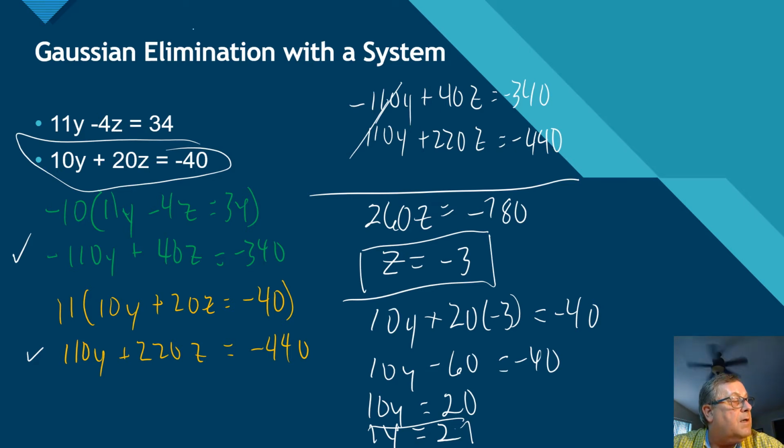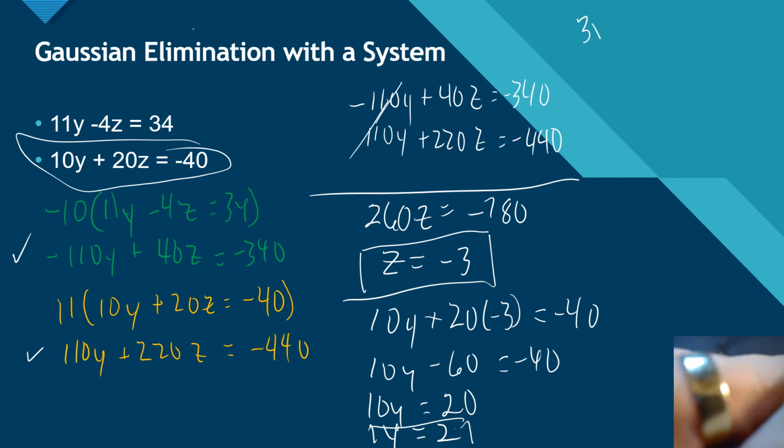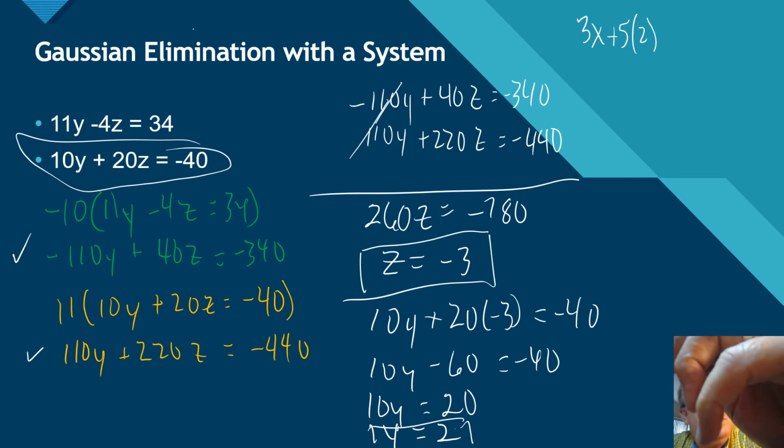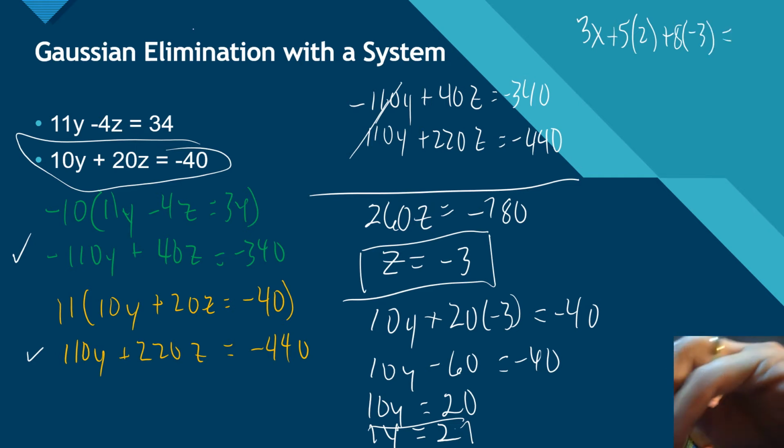I'm going to go back to the very first equation, which was 3x plus 5y plus 8z equals negative 20. So we've got 3x plus 5 times 2 plus 8 times negative 3 equals negative 20.